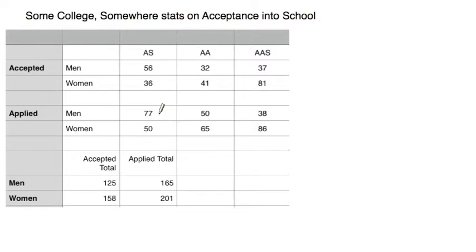That would be 72.7%. If we do the same for AA, that would be 32 out of 50, so 32 divided by 50 multiplied by 100 gives 64%. Here it would be 37 out of 38, that's 97.4%.